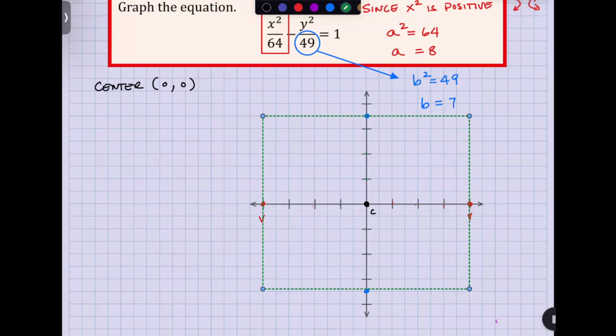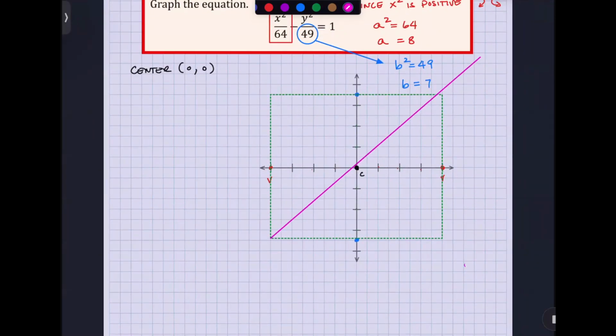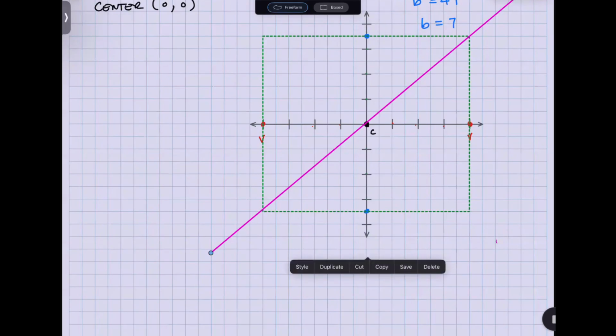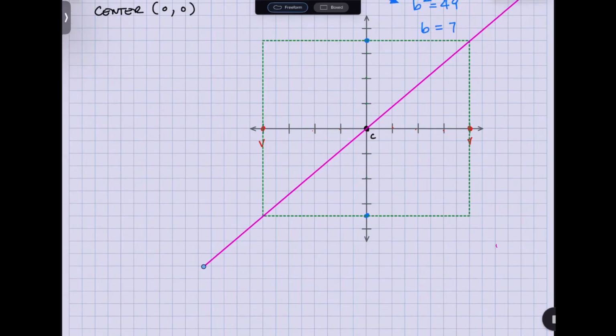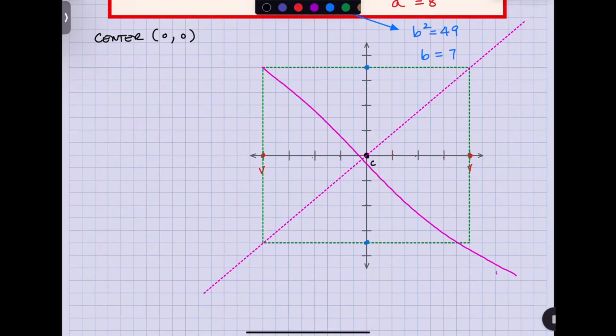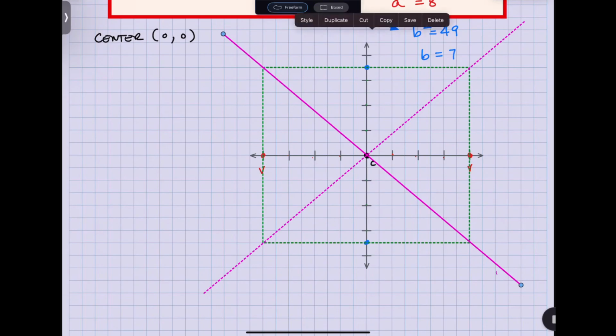That's why all the boxes you saw is because of your A and B. After you draw the A and B is where you're going to now draw a diagonal. And there goes my asymptote.